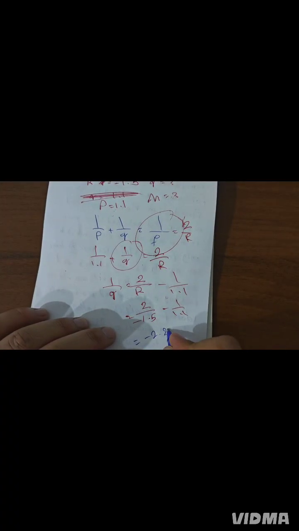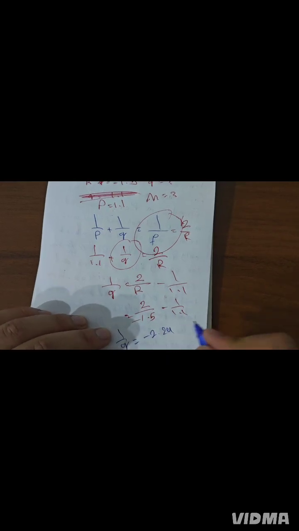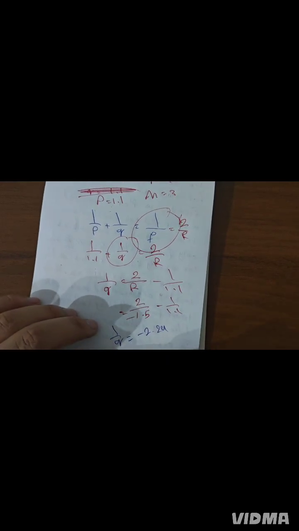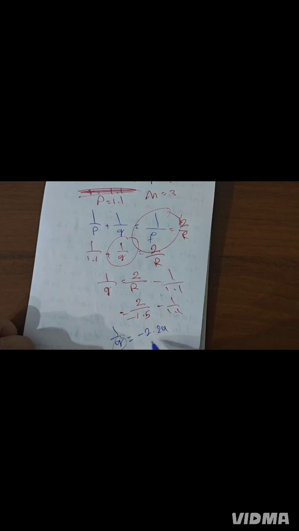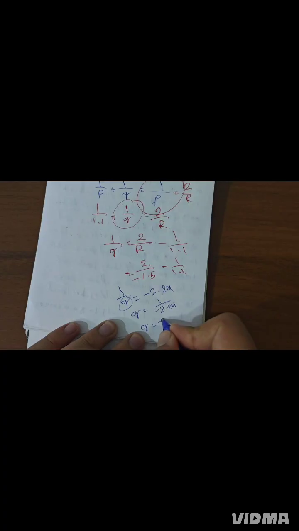So negative 2.24 is 1 over Q. To get the value of Q, flip this number, so it will be 1 over negative 2.24, and the answer is negative 0.446.